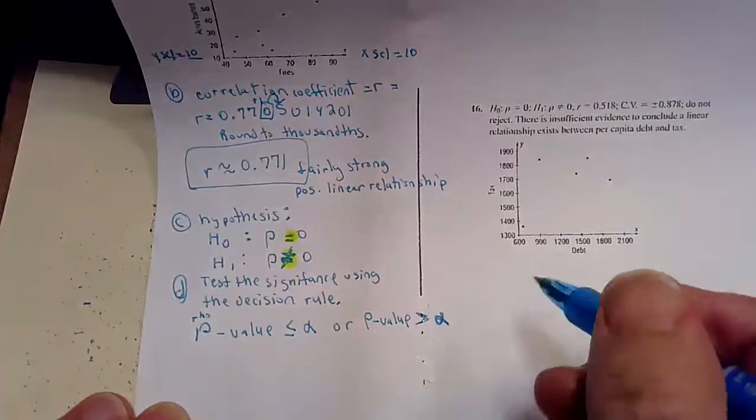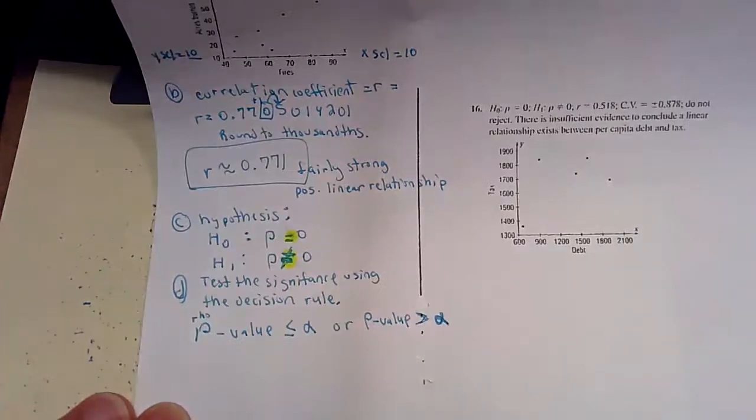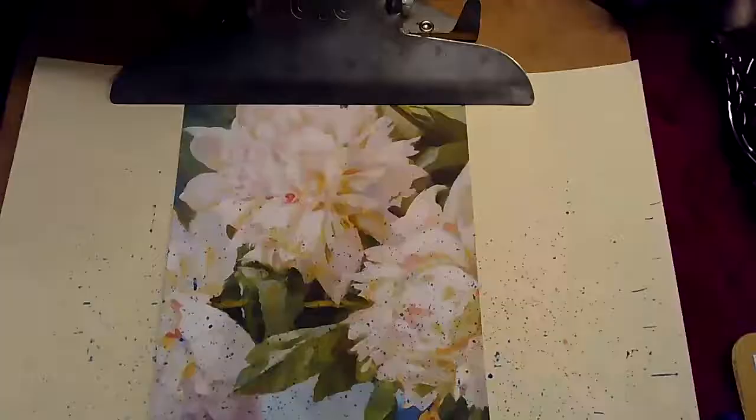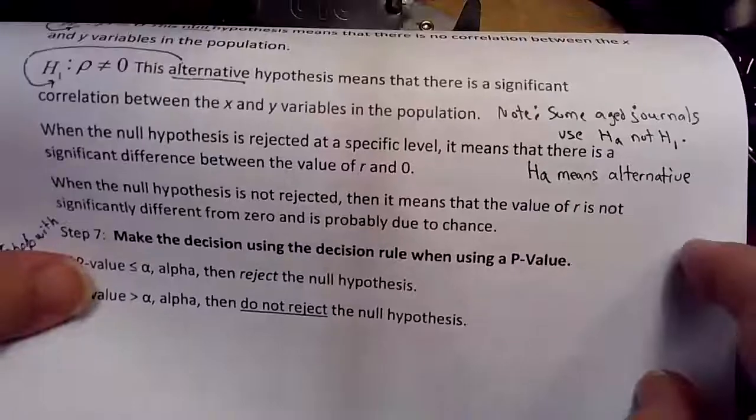Okay, got it. Let me go back to our paper and see where this is coming from. This decision rule is coming from this.